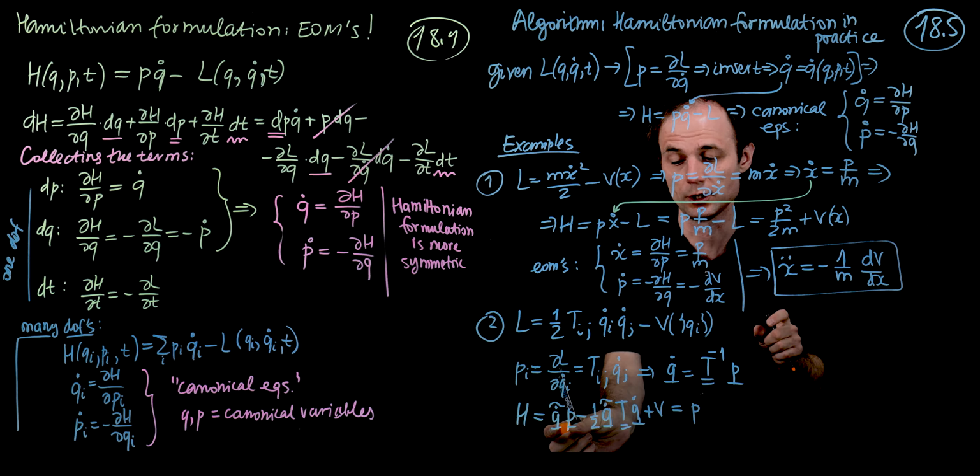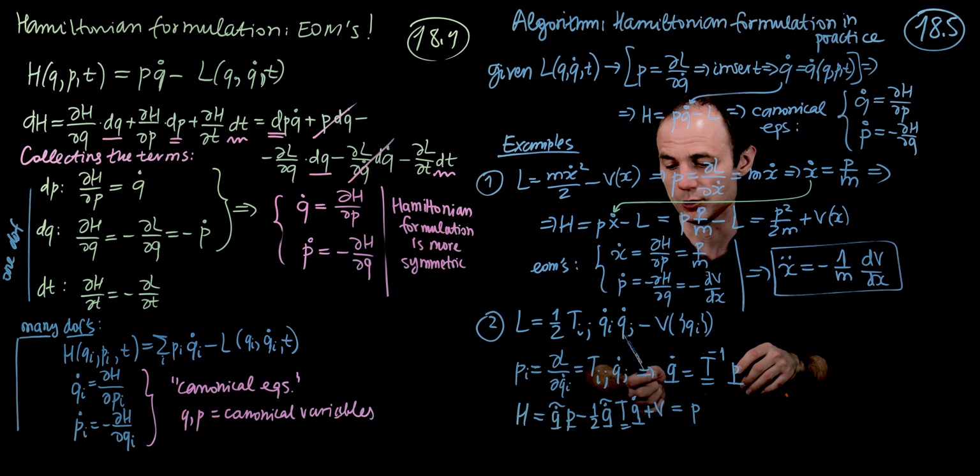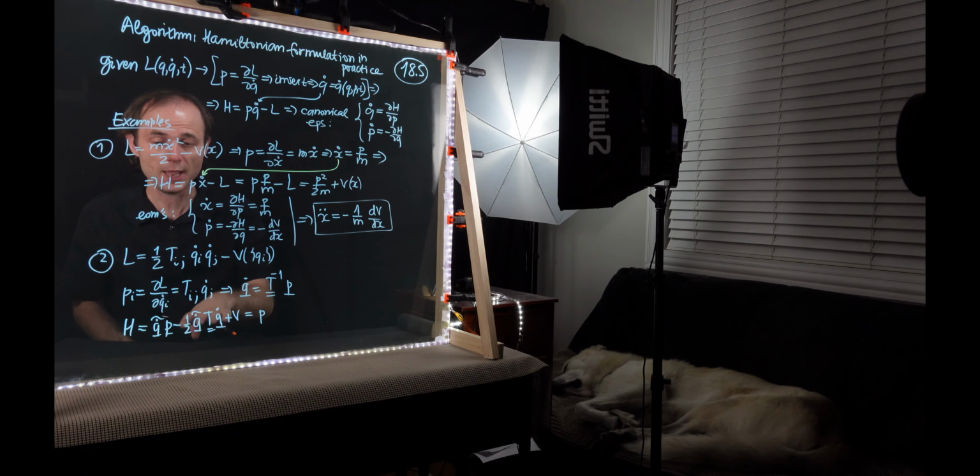So this is equivalent to pi times qi dot. And we're subtracting the expression for L, which is 1/2 times the matrix product, which represents this expression written out in components, plus V. The minus sign becomes a plus because this is pi times qi dot minus the Lagrangian.